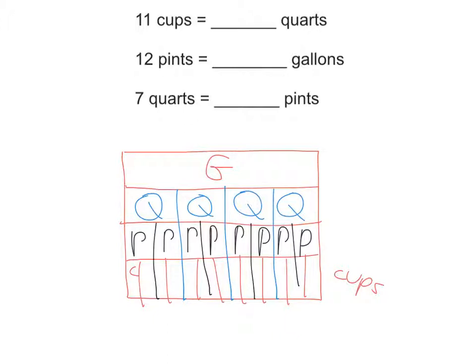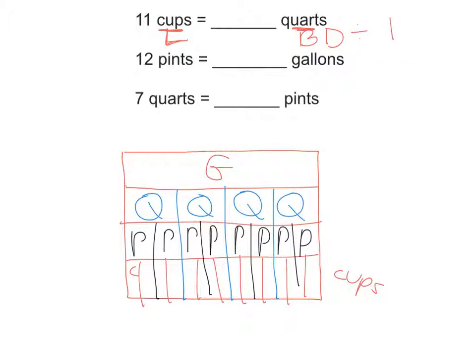Alright, so my first problem says 11 cups, and I want to know how many quarts that is. So I always want to check if I'm going from a little to a big unit or a big unit to a little unit. Well, a cup is smaller than a quart, so quart is the big unit, which means I'm starting from a little unit. This is LBD, little to big, divide.